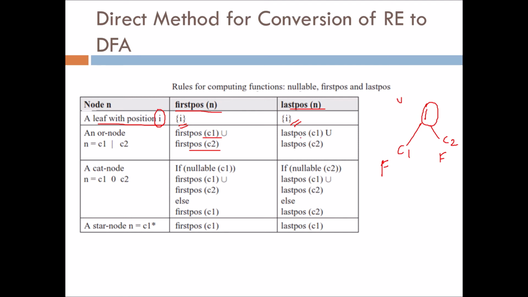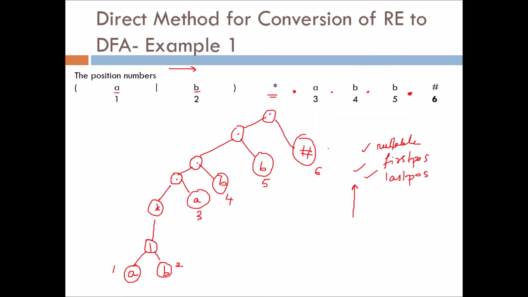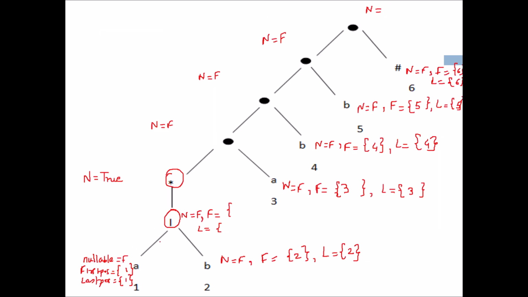Similarly, the lastpos value will also be union of lastpos values of its children. So if you see here, the left child has firstpos value 1 and the right child has firstpos value 2. We take a union and we get the firstpos value as {1, 2}. Union of lastpos 1 and 2. So here again we get the lastpos value as {1, 2}.